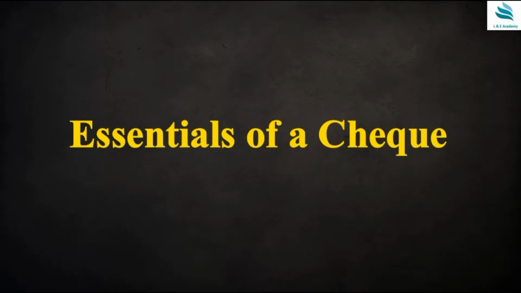Now, what are the essentials of a check? What are the basic requirements of writing a check? Now, a check is an unconditional order. A check is always drawn on a particular bank. Signature on the check is mandatory and can only be done by the maker of the check, from whose account the money is to be deducted.